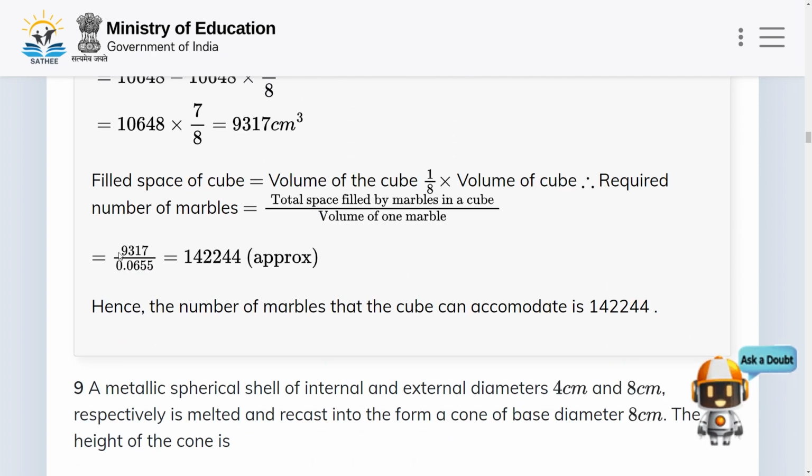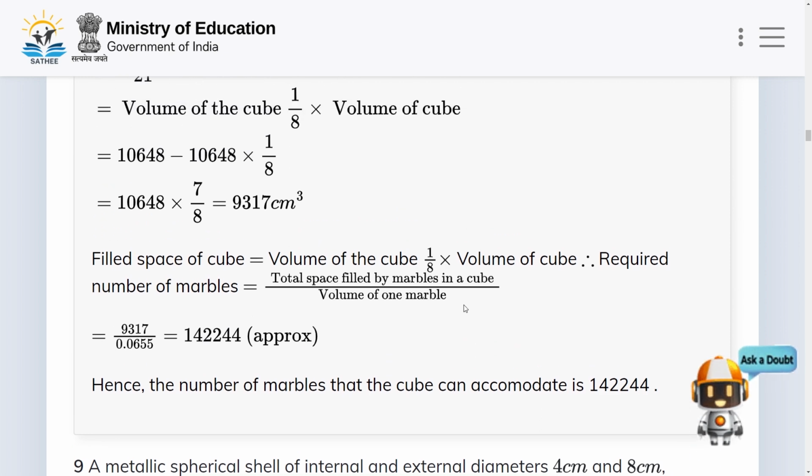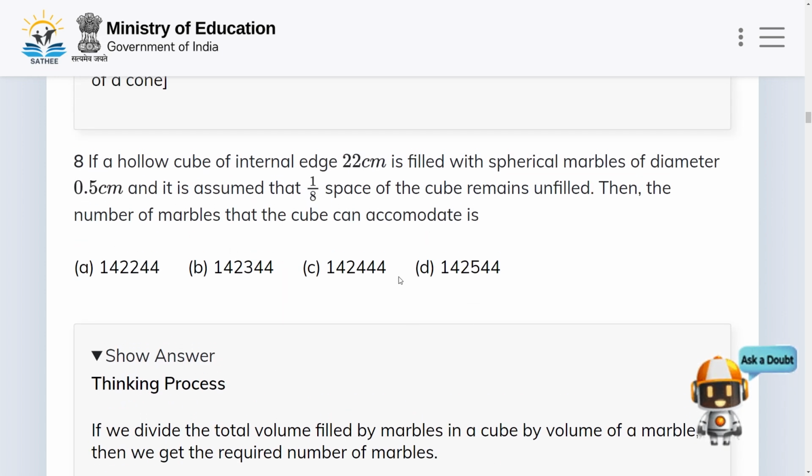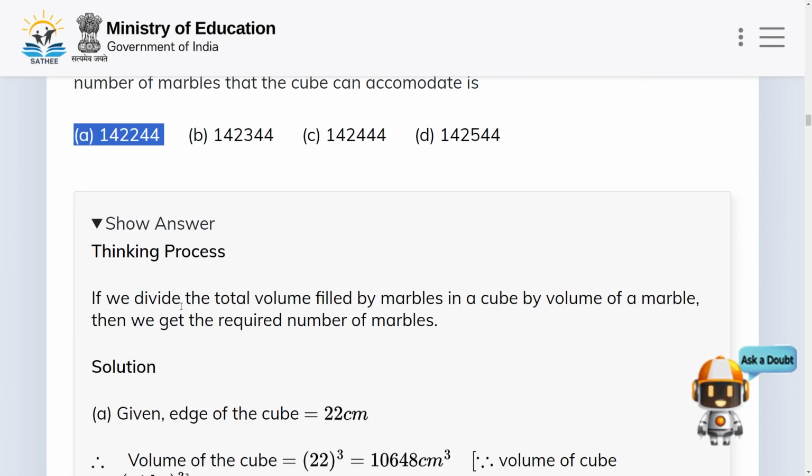So therefore 9317 divided by 0.0655 is equal to 142244. This is an approximate value. Hence the number of marbles that the cube can accommodate is 142244. Here the correct answer is the option with 142244.